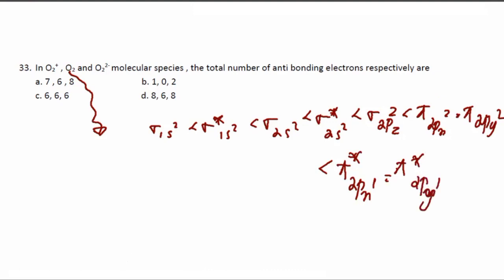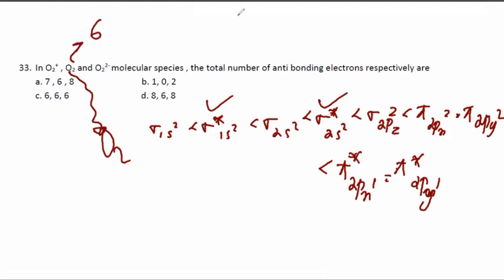Now, what is the number of antibonding electrons in oxygen? This is the configuration of O2: 2, 4, 6. So 6 antibonding electrons are in oxygen.